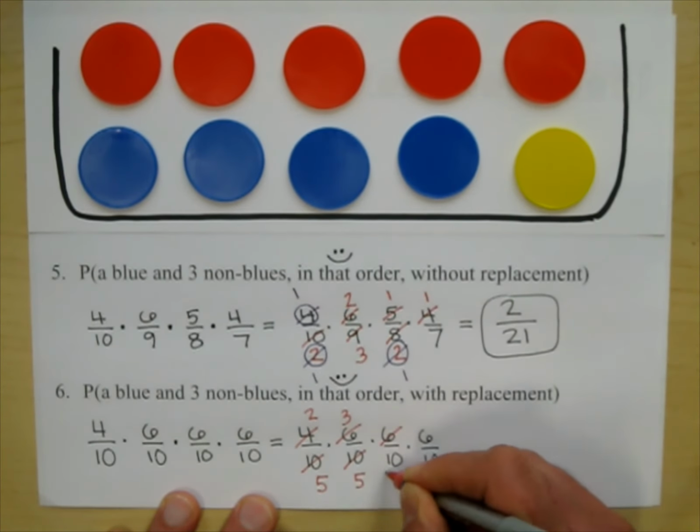That came from Pascal's triangle. So now what I'm going to do is I think I can reduce this 5 and this 45 to 1 over 9. And then there's a 1 times 1 on the top and a 9 on the bottom. So this is 1/9 for my answer.